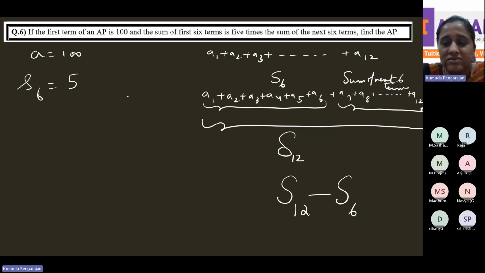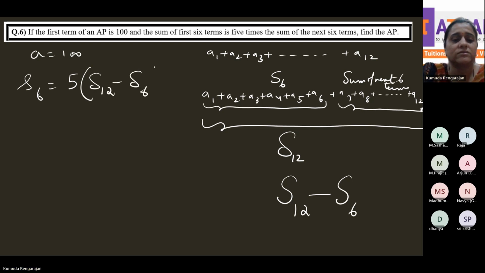So the sum of the next 6 terms can be written symbolically like this, S12 minus S6. That is the sum of the first 12 terms minus the sum of the first 6 terms will give you the sum of the next 6 terms.